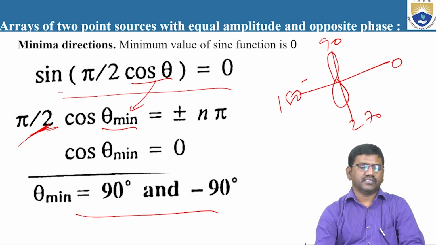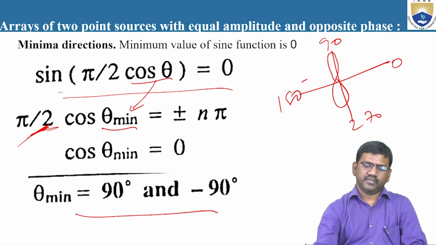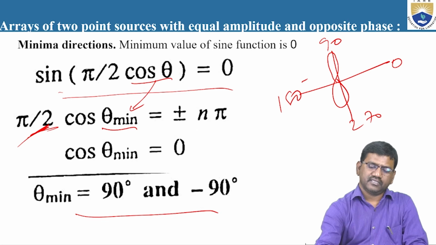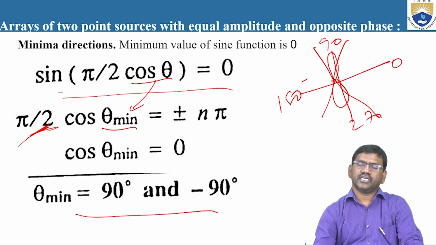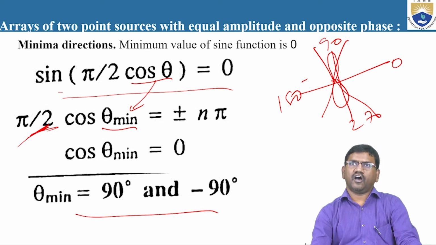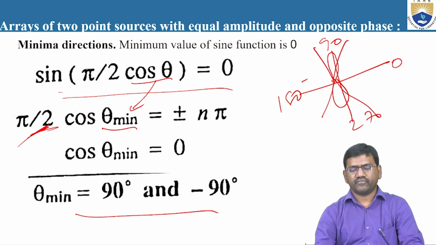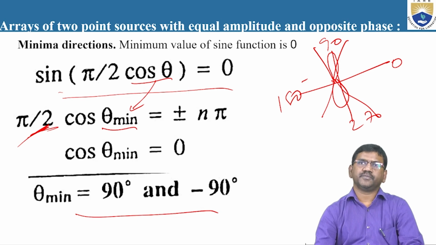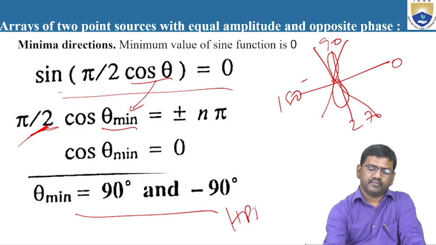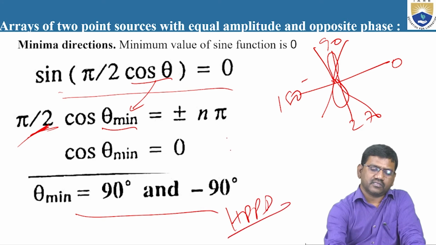Now let us find out the half power point distribution. That means if the radiation pattern is like this, at what angle will the radiation be at half? Exactly half of the maximum radiation field of the major lobe is known as HPPD, or we can also simply call it half power beam width.